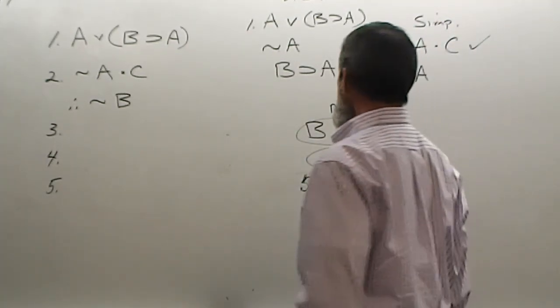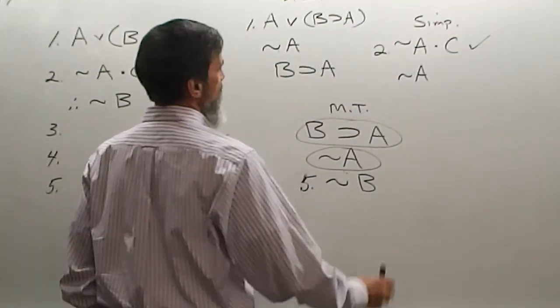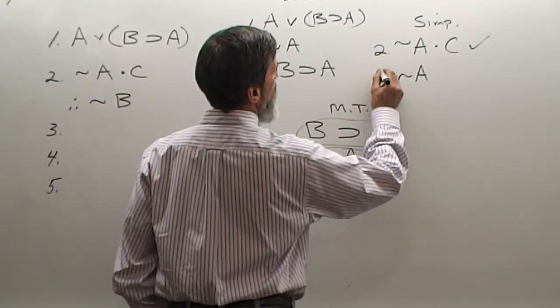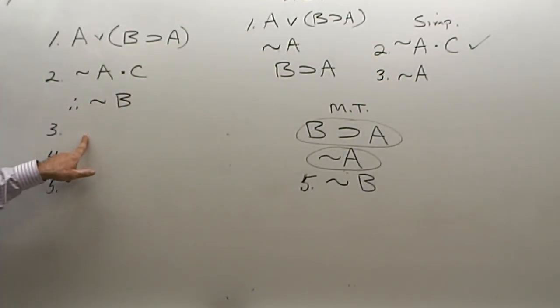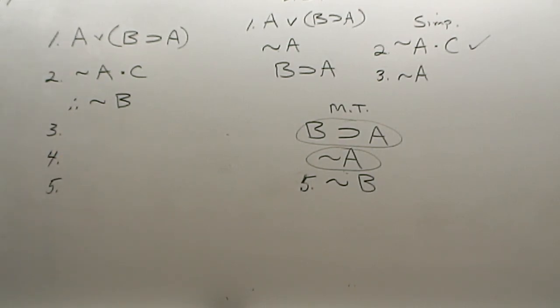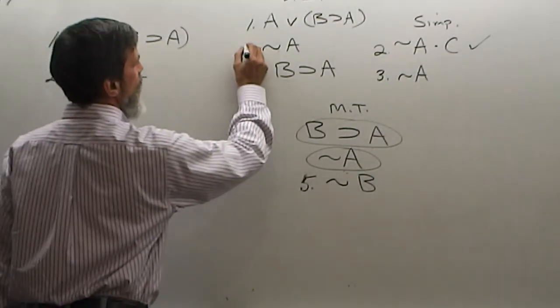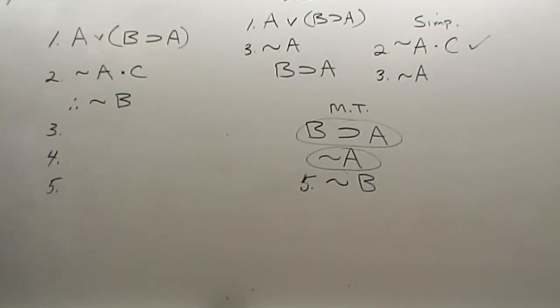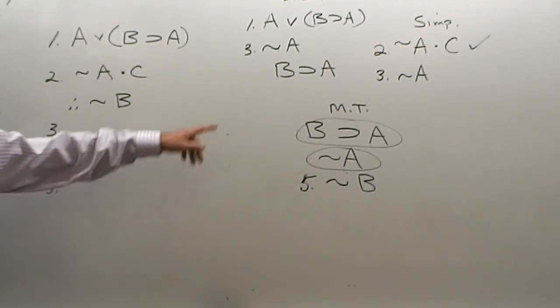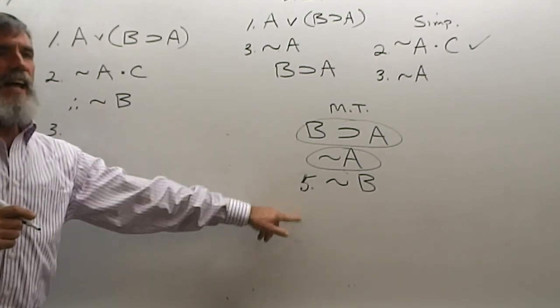So here's our notation. This has to be line 3, because it has to happen first. So we'll put our 3 there. That's the first step of the proof, and that's the last step of the proof.